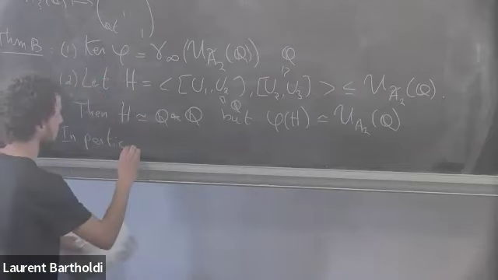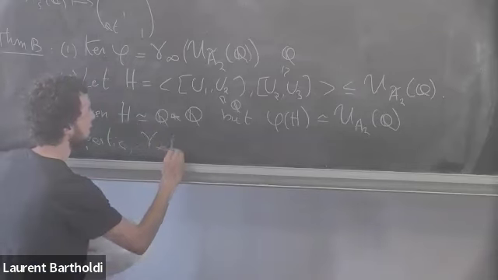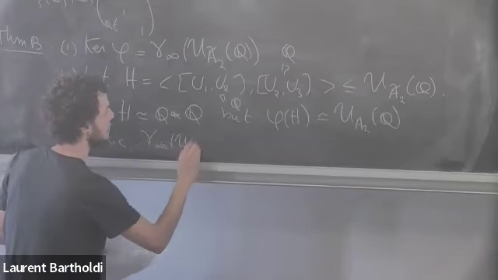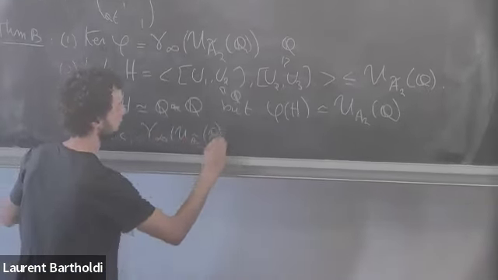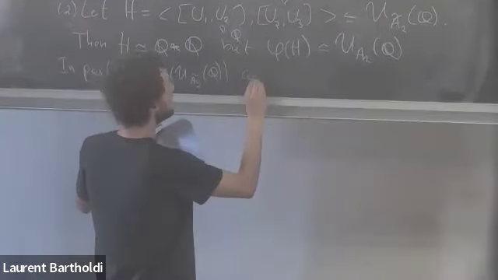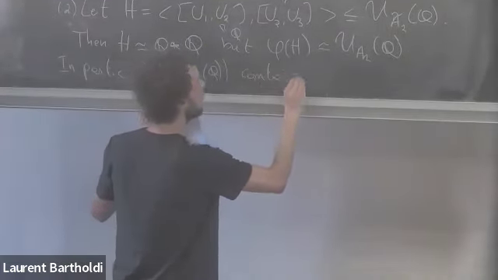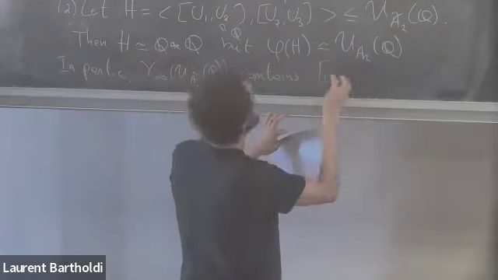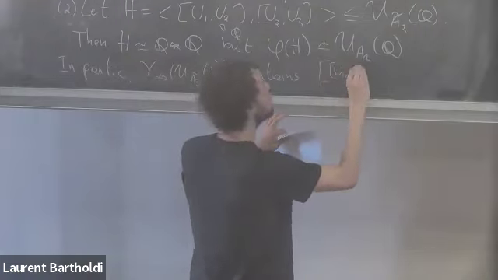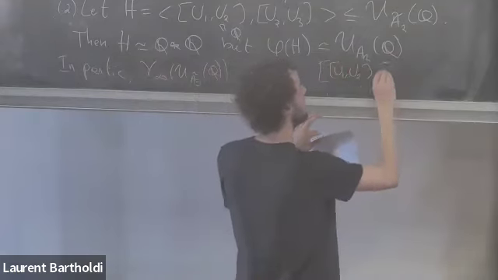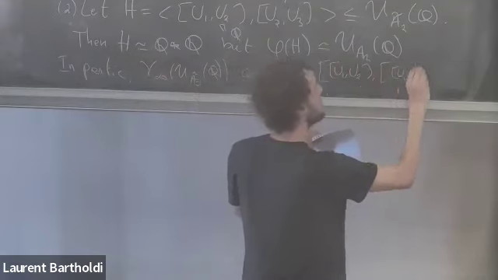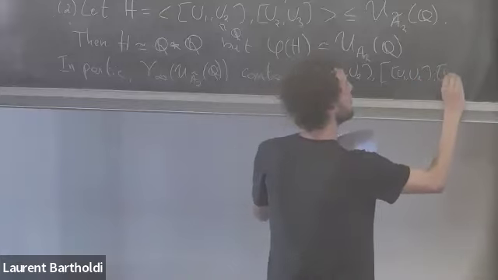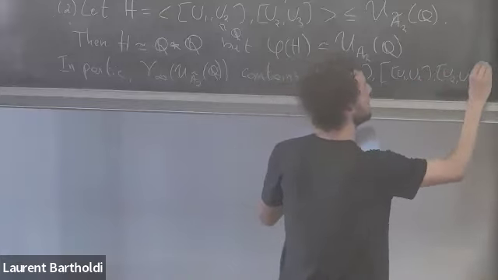So for example, gamma infinity of U A2 tilde of Q contains all the elements where we take the bracket of [U1, U2] with [U2, U3].